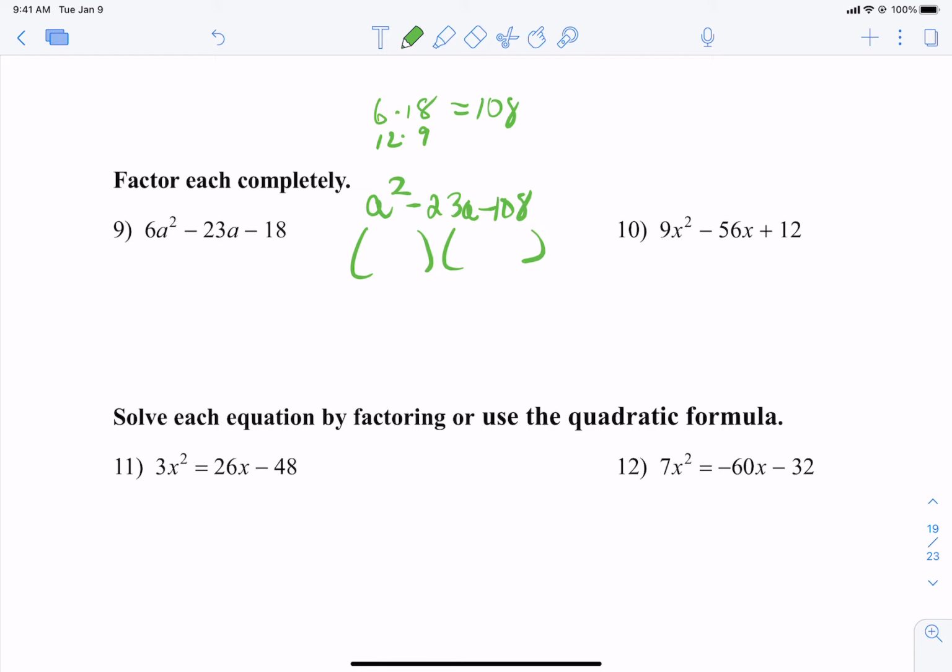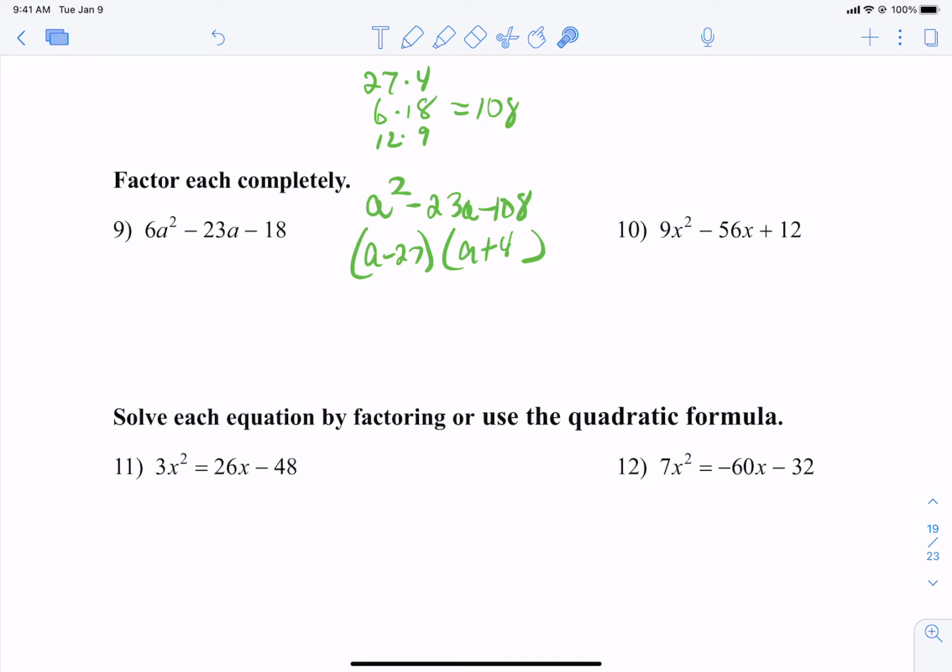Let's see. I always just kind of start mixing things up again. I think the 27 goes into 108. Let me see. 108 divided by 27 is 4. Oh, there we go. We found it. 27 and 4. 27 times 4 makes the 108 and has a difference of 23. So that's going to be a minus the 27 and a plus the 4.